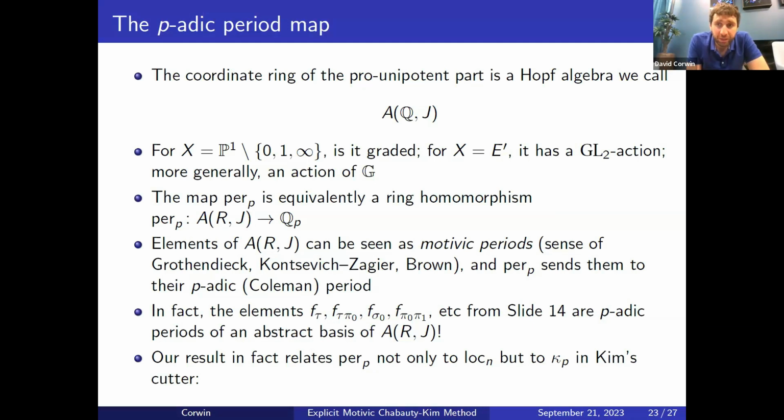Now let me state the main result of my paper with Ishai Dan-Cohen, or a special case. It's a little more general, but a key case of our result, which not just defines this period P, but relates it not just to loc_n, but in fact to kappa_P in Kim's cutter, the p-adic unipotent Albanese map, or unipotent Kummer map, as it's called.